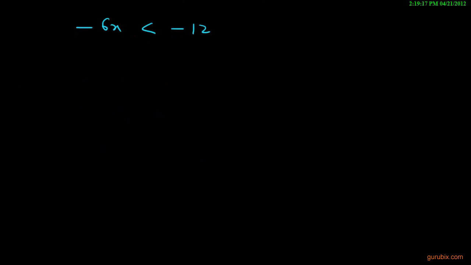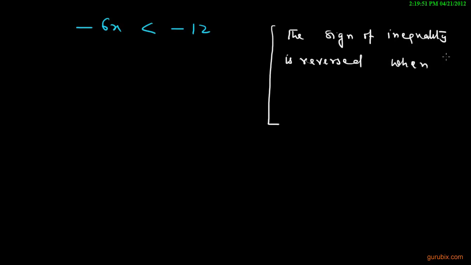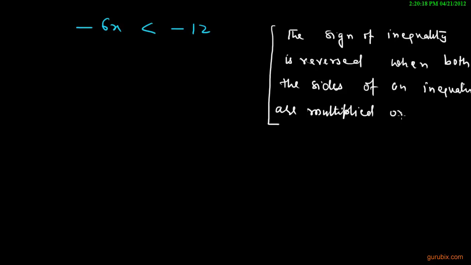negative 12. Now we shall use another rule: the sign of inequality is reversed when both sides of an inequation are multiplied or divided by a negative number.